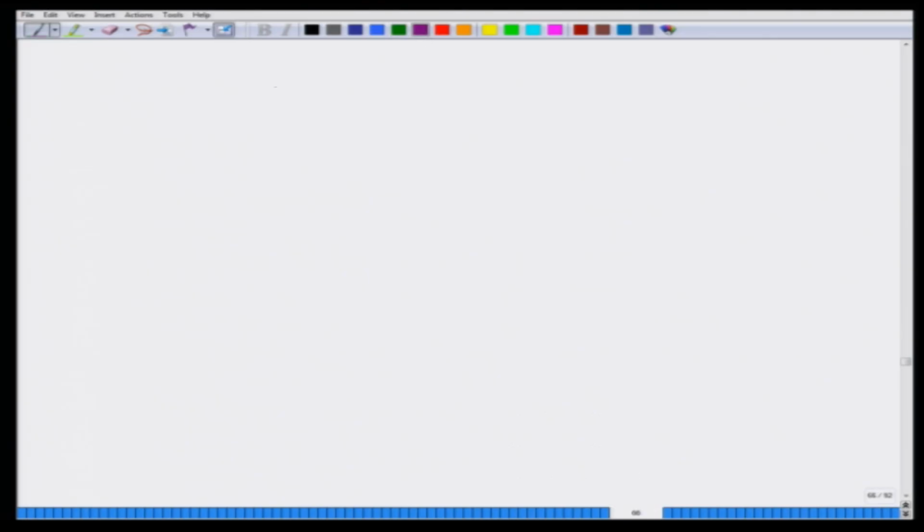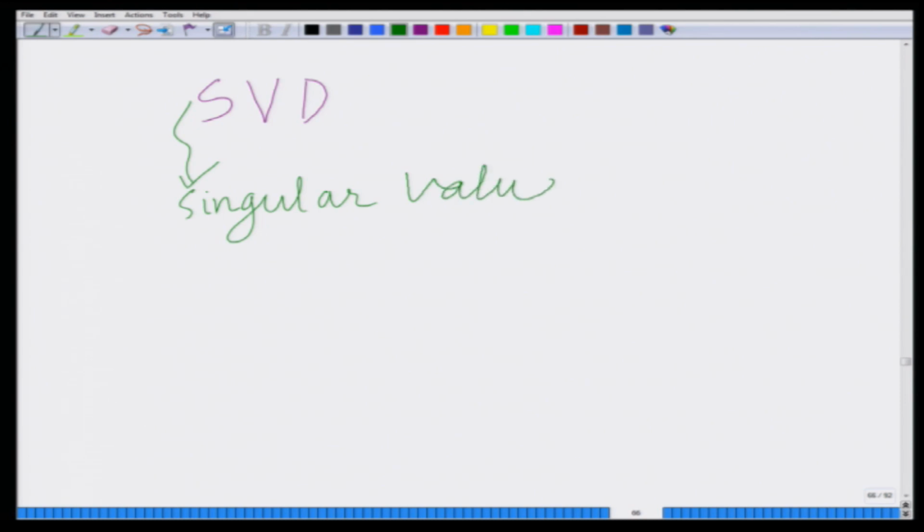Let us now look at a slightly different perspective on MIMO, which is first let us look at a unique decomposition of the MIMO wireless channel. This is known as the SVD, or the singular value decomposition. So what we are going to look at starting in this module is the SVD, singular value decomposition.